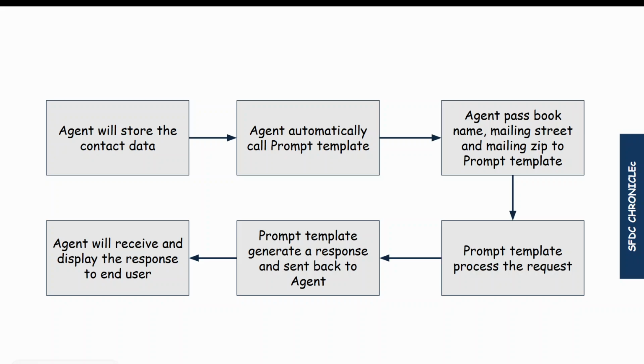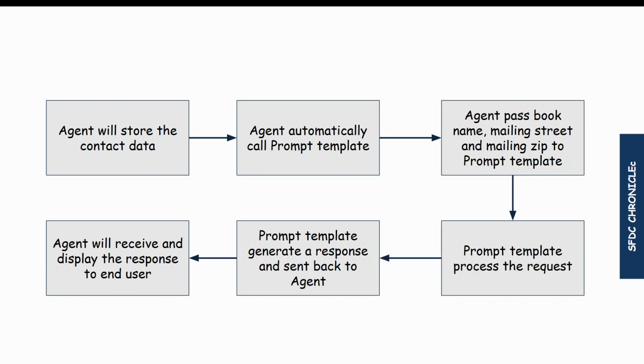Once the agent stores the contact data, it will automatically call the prompt template based on how we design our agent script. The agent will pass the book name, mailing street, and mailing zip code to the prompt template. The prompt template will process the request, generate the response, and send it back to the agent.